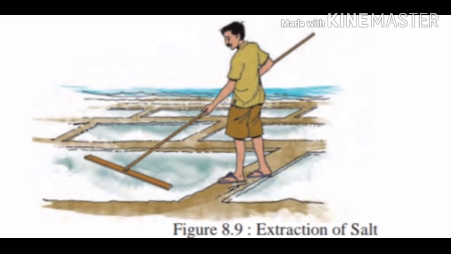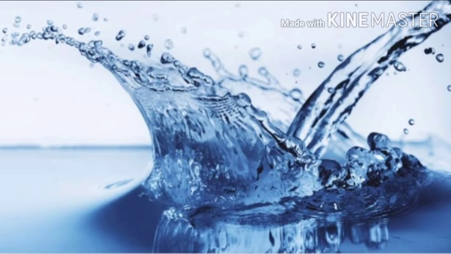See figure 8.9. It shows how we obtain salt from seawater. We make use of salt in our day-to-day life. This means that water is a renewable natural resource. The earth is known as the watery planet because 3/4 of the earth's surface is covered with water bodies.